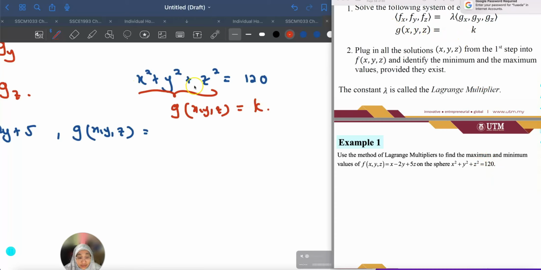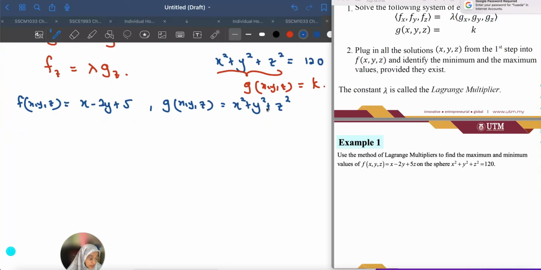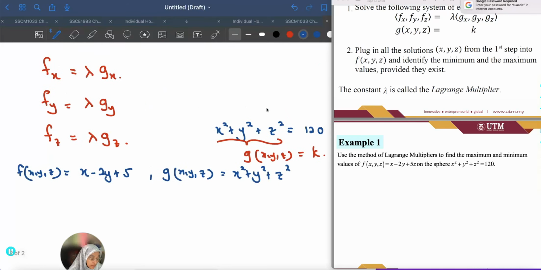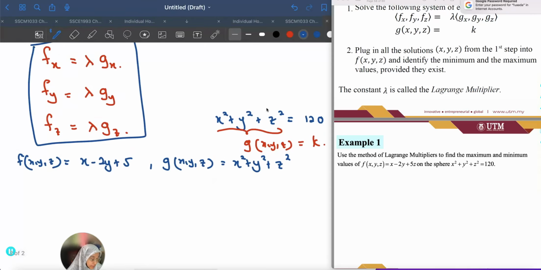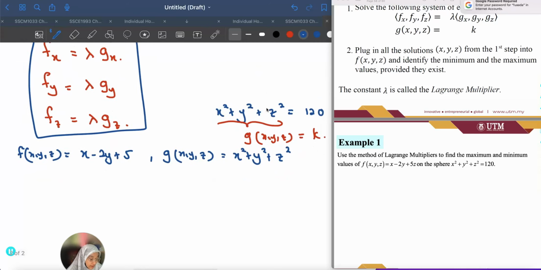So we just take the g and ignore the k. So now your g is written to be x squared plus y squared plus z squared. Okay, find the partial derivative for f and g.